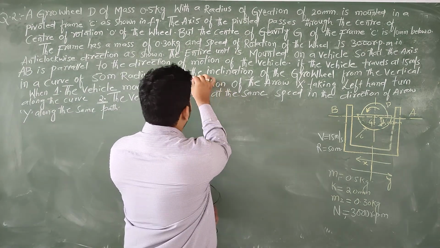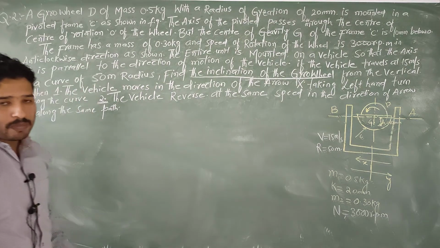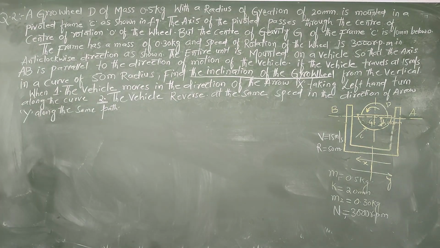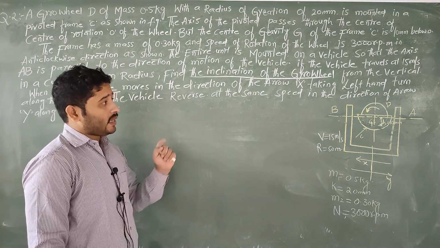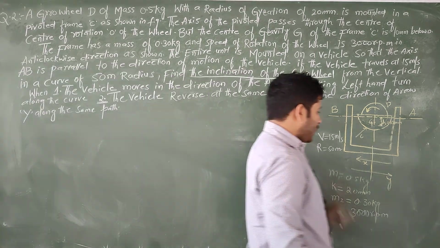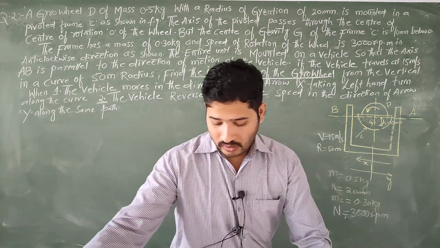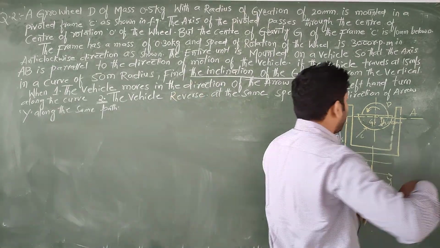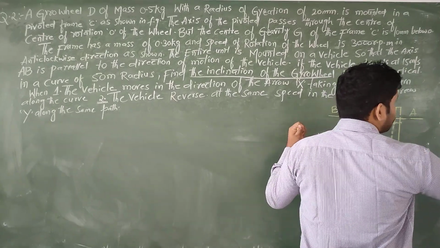We need to find the inclination of the gyro wheel, that is, the value of theta. The first condition is that the vehicle moves in the direction of arrow X, taking the left hand turn. If the observer looks from here, the left hand side is this one and the right hand side is this one.